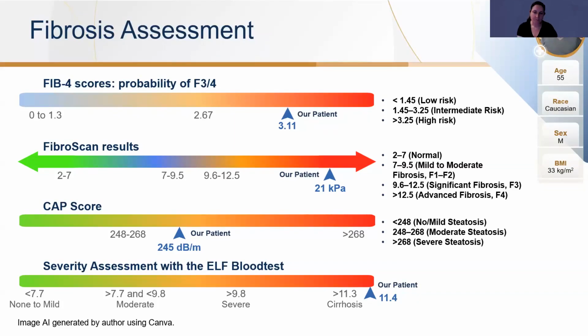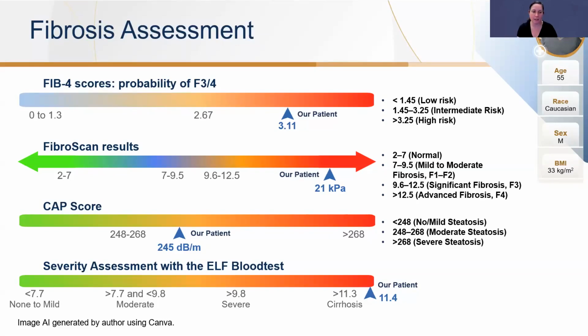And looking at ELF testing, that also supports that. One thing that is not accounted for here, and I work in tertiary care, is that I have access to things like MRI elastography. I do very little of it, but theoretically that could also be a second line, especially if the quality of the FibroScan is poor or there are metrics like a particularly high BMI, image quality issues, etc. It could be another potential exam here.